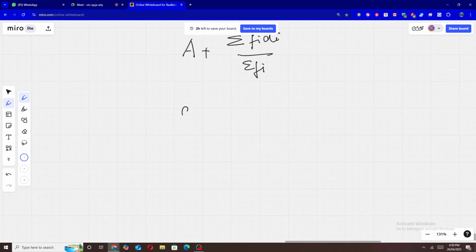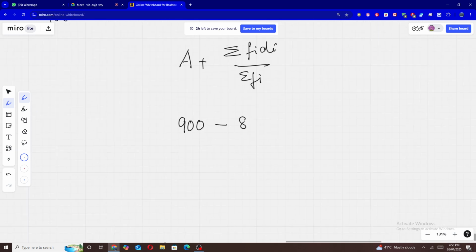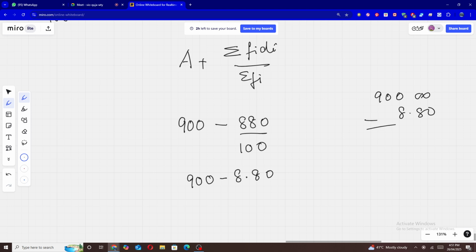What is the assumed mean? 900 minus 880 by 100. So how much is it? 900 minus 8.80, right? So 900 minus 8.80 means how much is it?